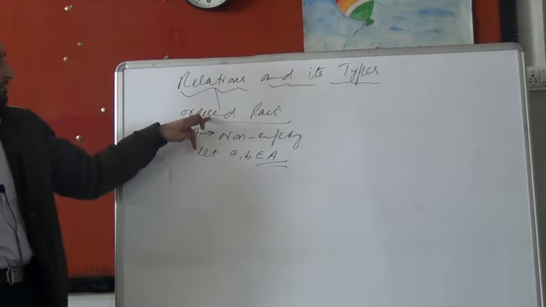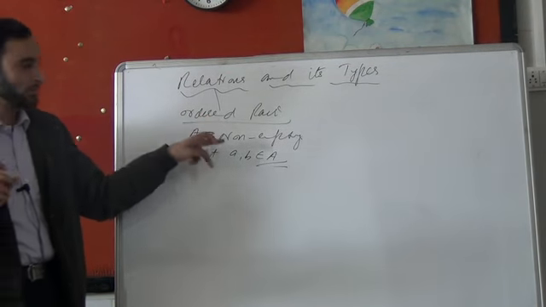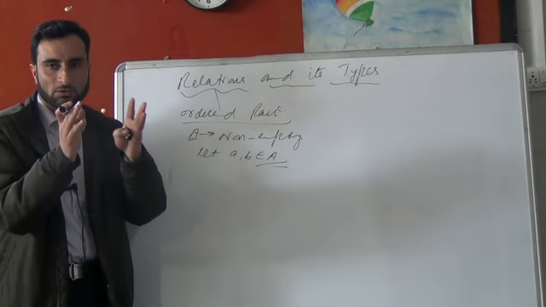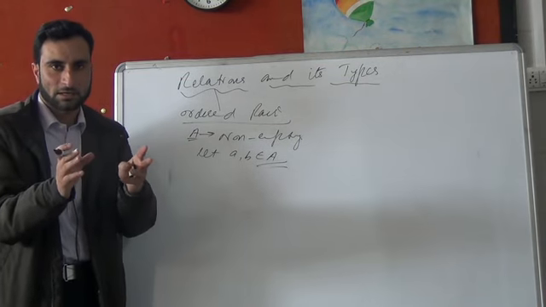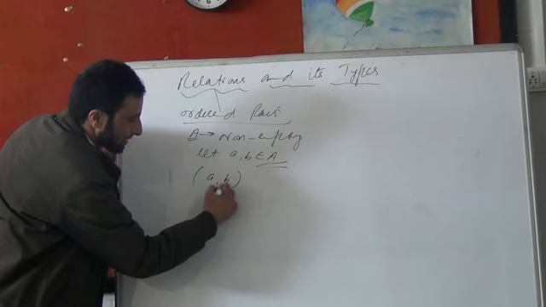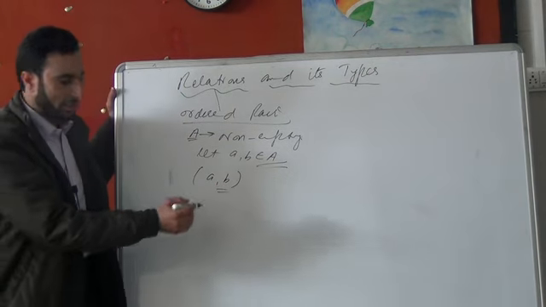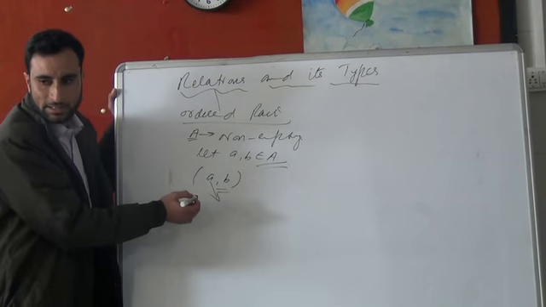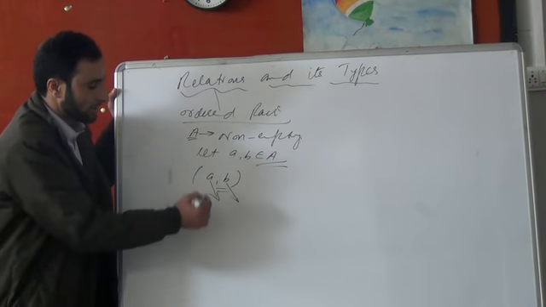Ordered means a particular or definite arrangement. Pair means when we have two elements of a set arranged in some definite order. So the ordered pair we can write as (a, b). Here a is called the first entry and b is called the second entry.